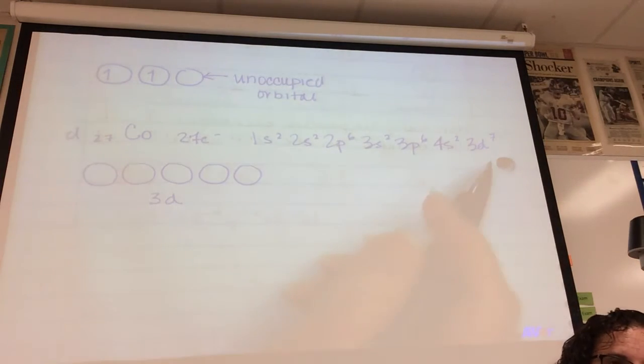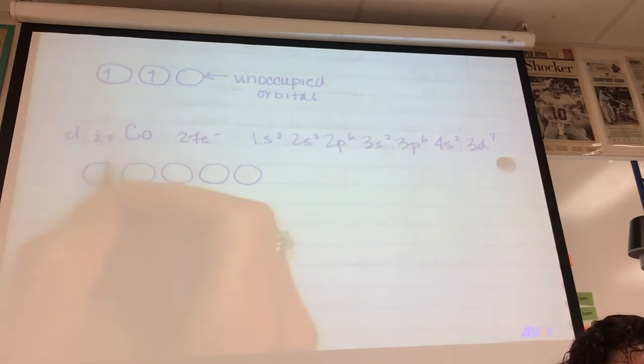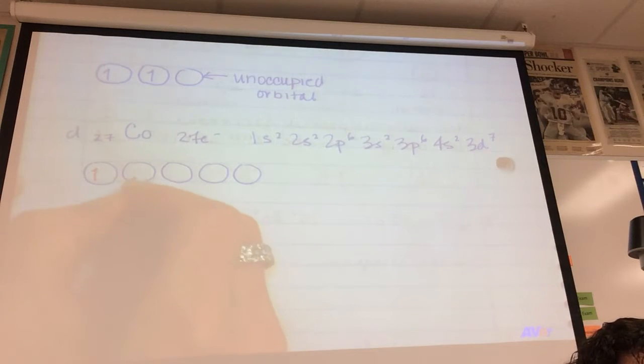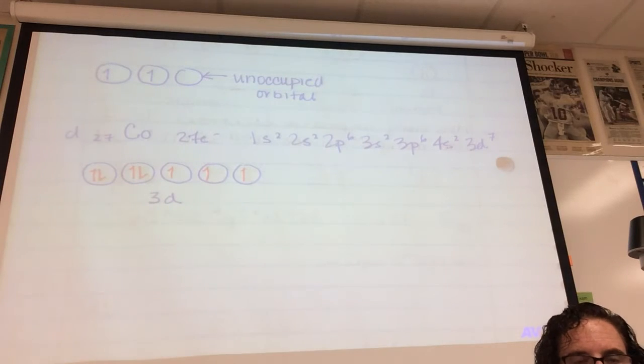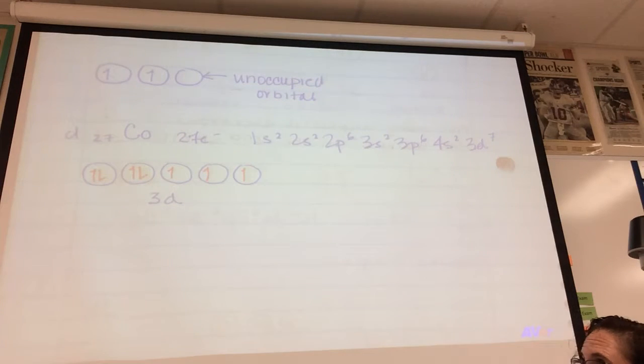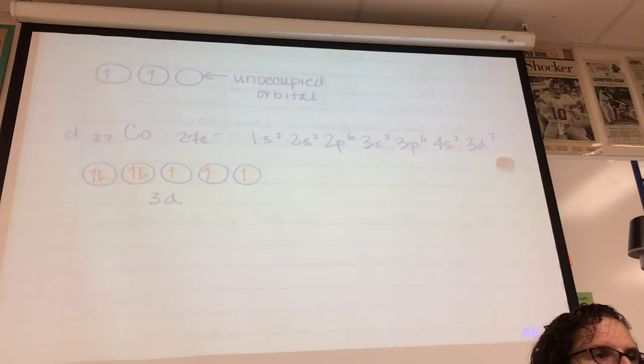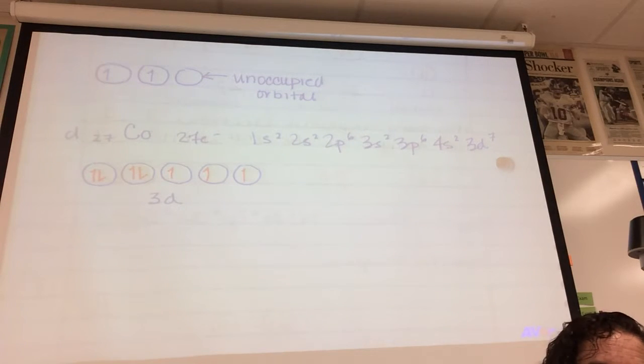Now we're going to place 7. Hund's rule. Arrow up, arrow up, arrow up, arrow up, arrow up, arrow down, arrow down. How many unpaired electrons? 3 is correct.